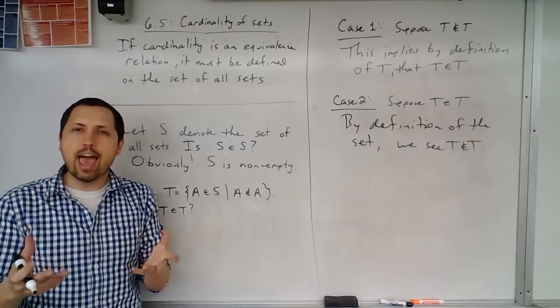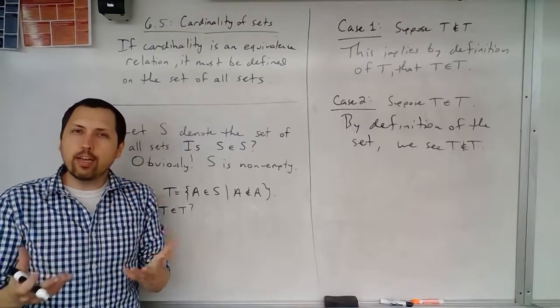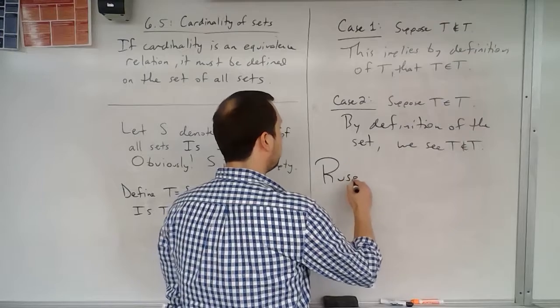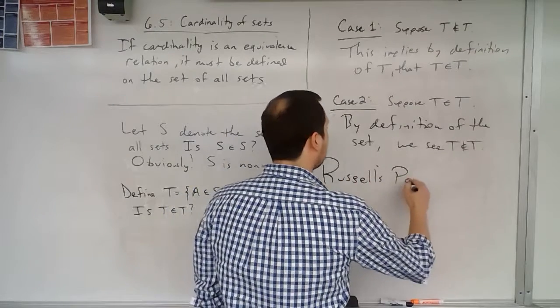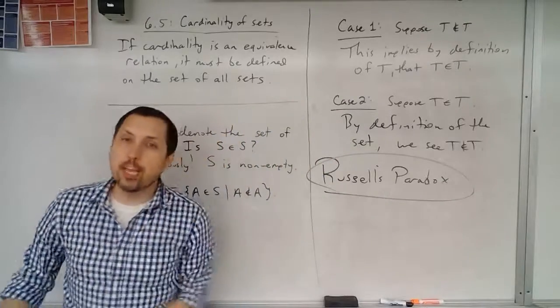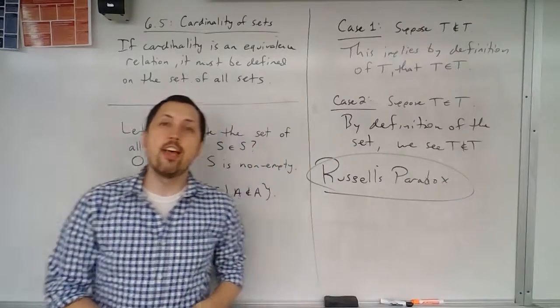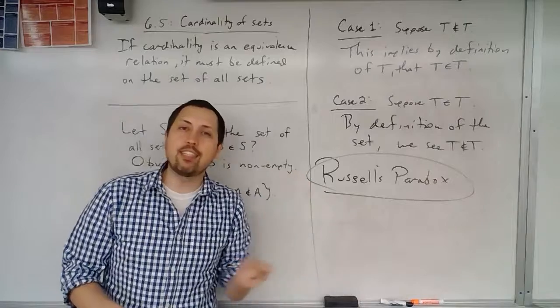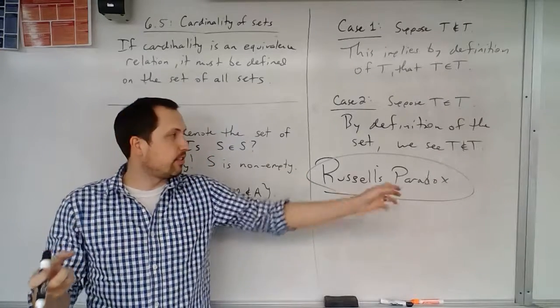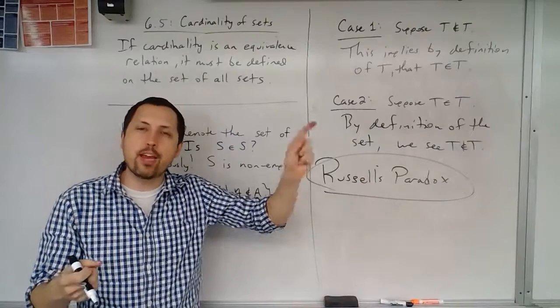So what we have is this weird conundrum. This is called Russell's paradox. This is one of the most famous paradoxes in mathematics. This idea basically starts to rip apart our understanding of sets. This famous philosopher was like, wait a minute here.